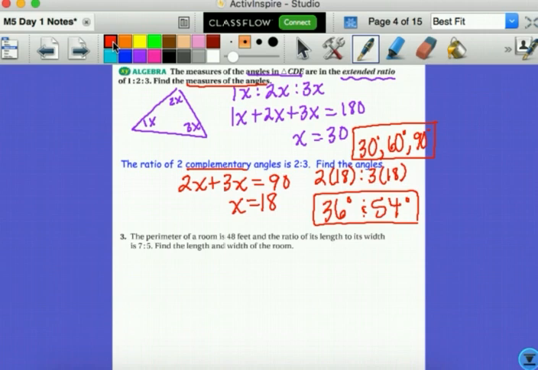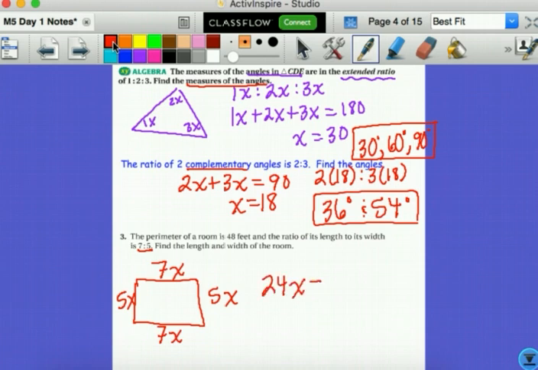The next one says the perimeter of a room is 48 feet, and the ratio of length to width is 7 to 5. So again, we're looking at a rectangle here because we've got length and width. Perimeter says add all of your pieces together. So we've got 7x, 7x, 5x, and 5x. If we add all of those up, that is 24x.